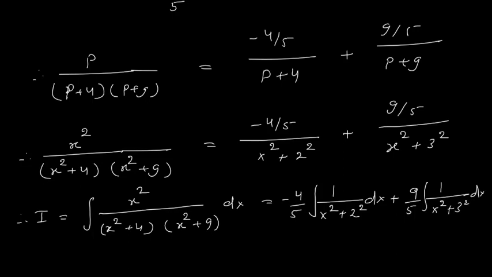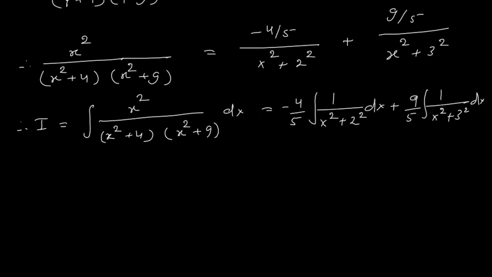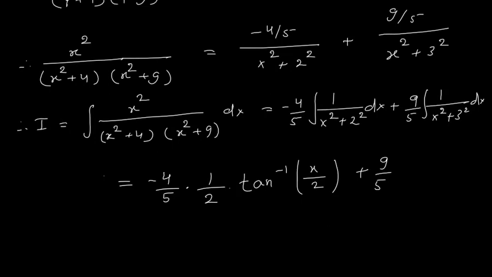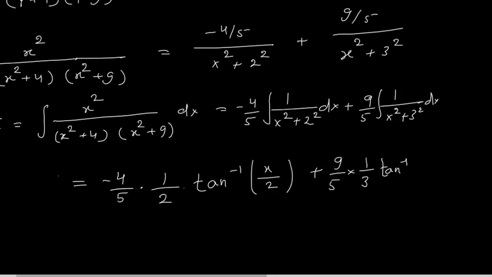Using 1 upon x square plus a square gives 1 upon a tan inverse x upon a, so this is minus 4 upon 5 into 1 upon 2 tan inverse x upon 2, plus 9 upon 5 into 1 upon 3 tan inverse x upon 3, plus the constant of integration c.